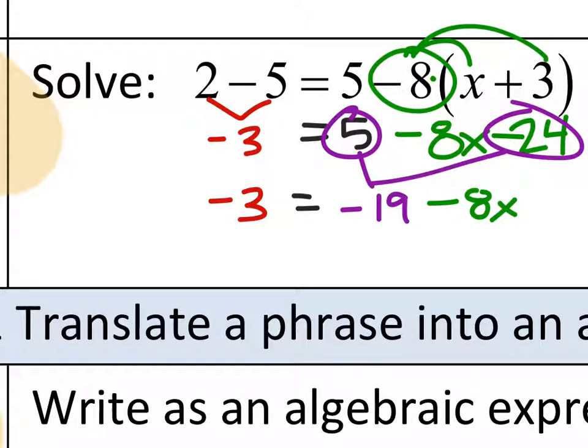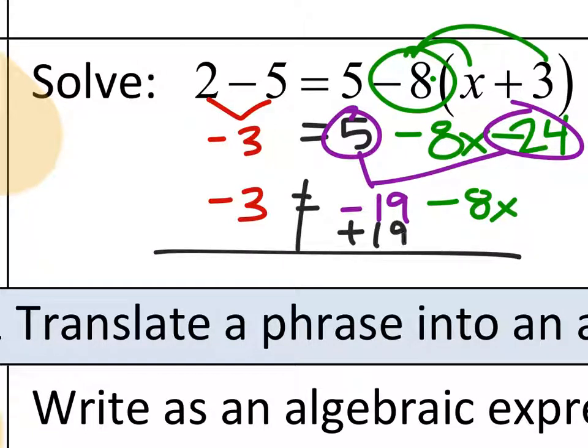Well, now I got to get rid of that negative 19 so that I just have my negative 8x. So I'm going to have to add 19 to both sides. And I got 16 out of that equals, this cancels out into a 0. I got my negative 8x.